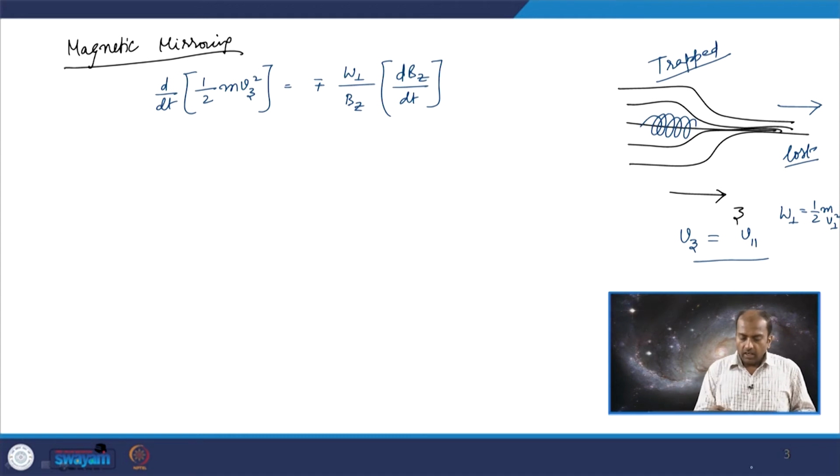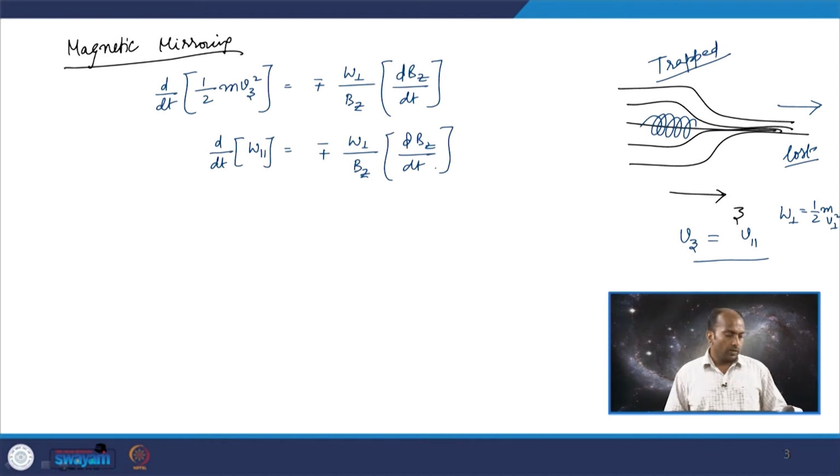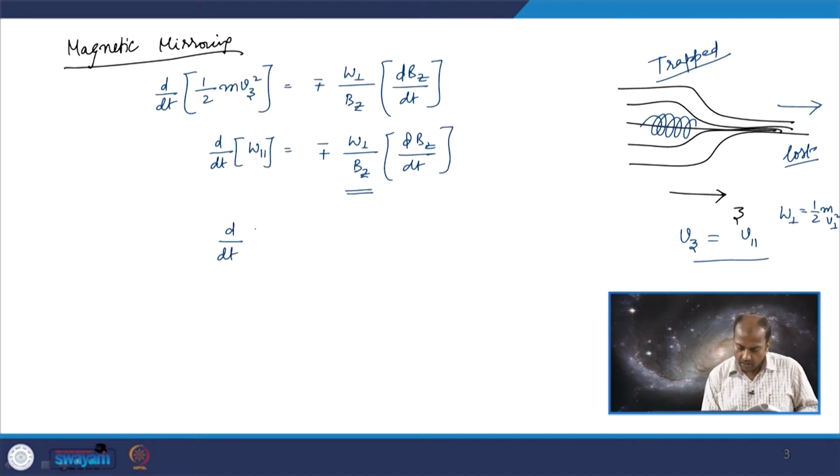So, we can say that the rate at which the parallel kinetic energy changes, W parallel, is simply minus plus W perpendicular divided by Bz times dBz by dt. We also know that W perpendicular by Bz is the magnetic moment. So, we write that d by dt of W parallel is equal to minus plus mu times dBz by dt.